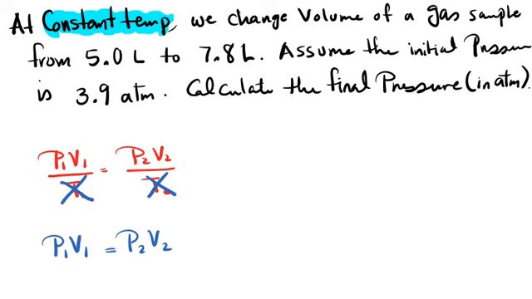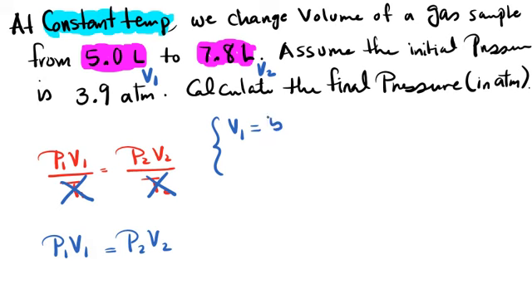And then I need to find the information for this equation. It says we change the volume of a gas sample from 5 liters to 7.8 liters. This is V1 and this one is V2. So V1 is 5.0 and V2 is 7.8 liters.